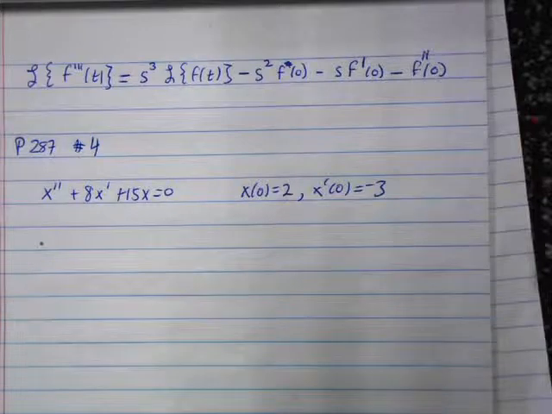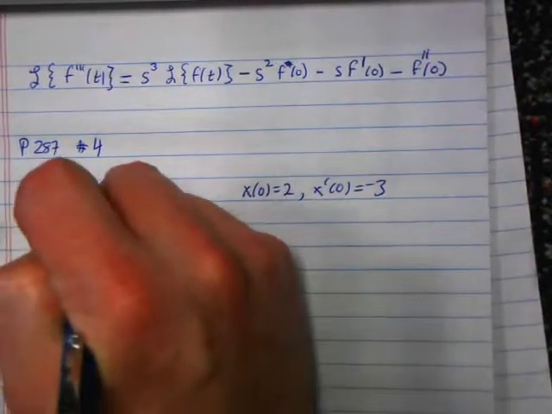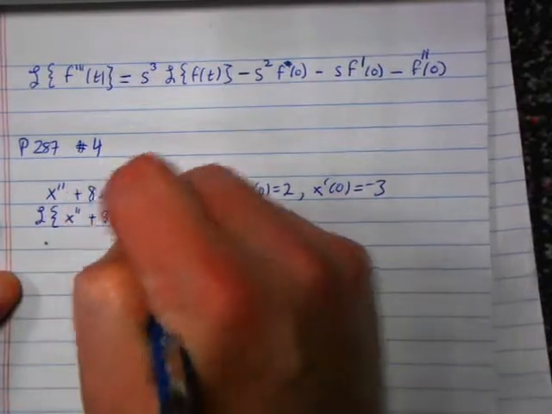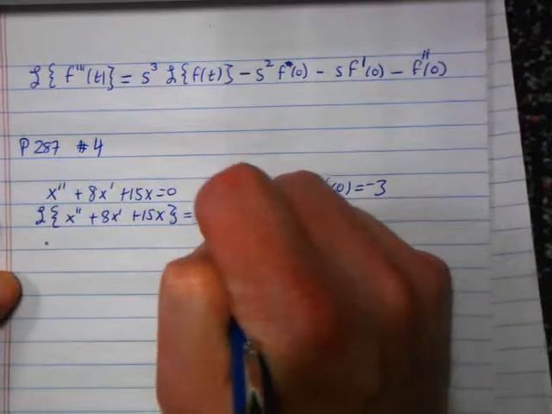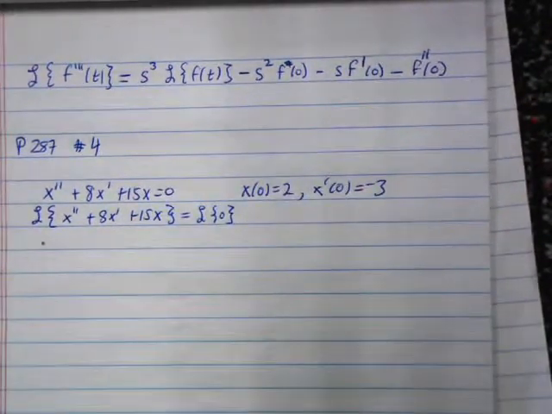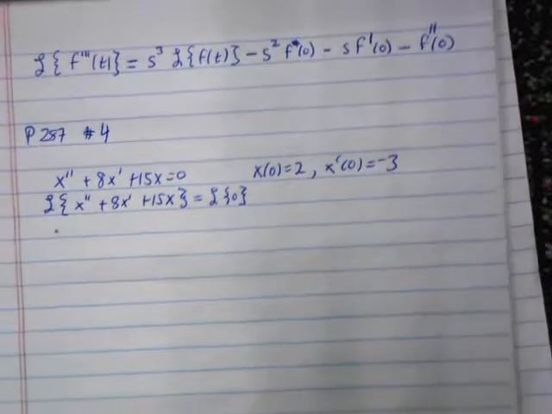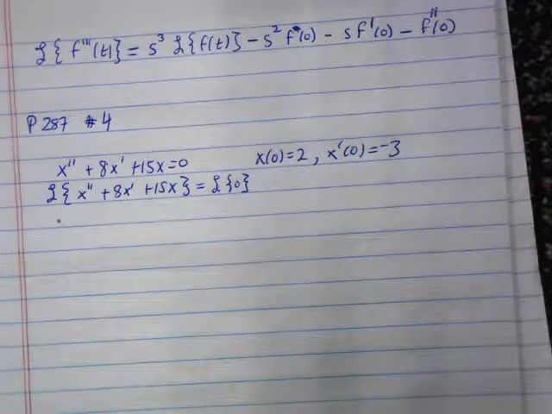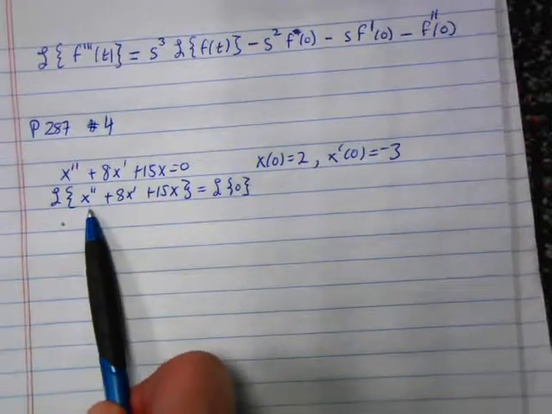I'm going to take this equation and do the Laplace transform on both sides. So according to that theorem we just had, what's the Laplace transform of x double prime?